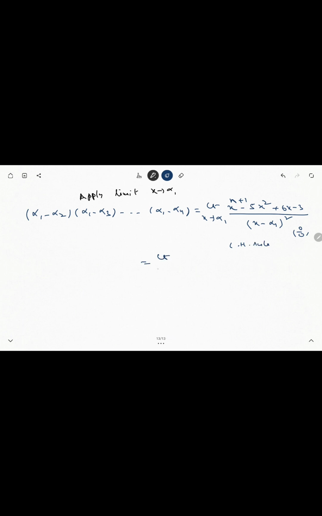Now tell me limit x tends to alpha 1. Tell me derivative: n plus 1 into x to the power of n minus 10x plus 6 by 2 into x minus alpha 1. Alpha 1 it is. Again 0 by 0, again apply. Why 0 by 0? Because alpha 1 is root here. Compulsory it is 0 only. Again apply LH rule, second time.